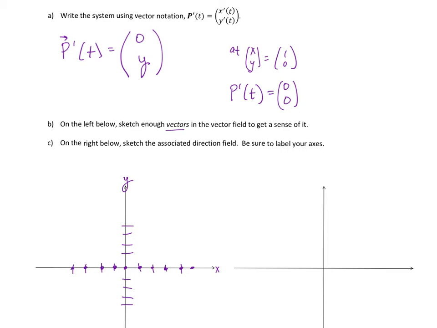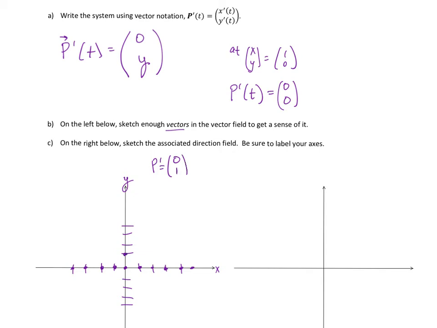Okay, let's try 0, 1. P prime at the point 0, 1, when x is 0 and y is 1, you always have 0 as the first entry, and the second entry is the y coordinate. So if we're at 0, 1, the y coordinate is 1.